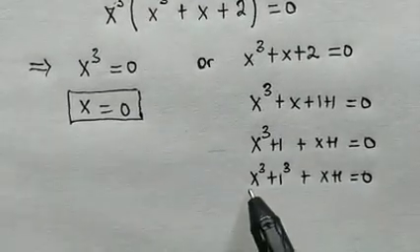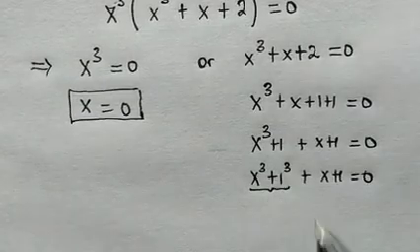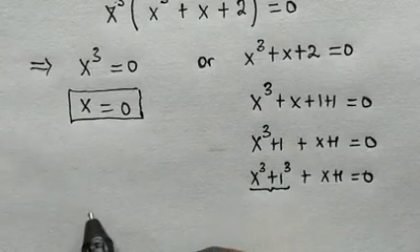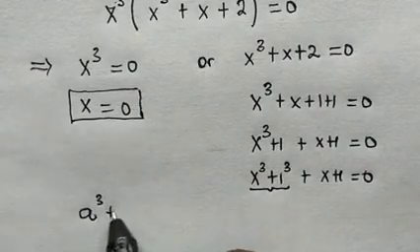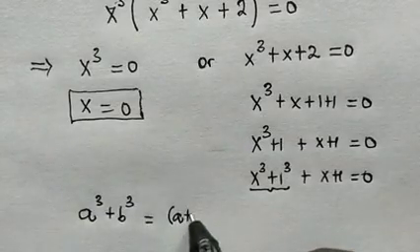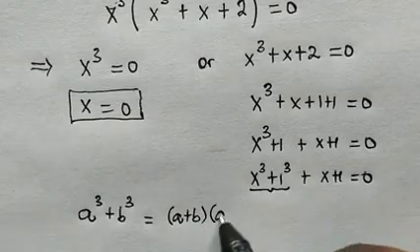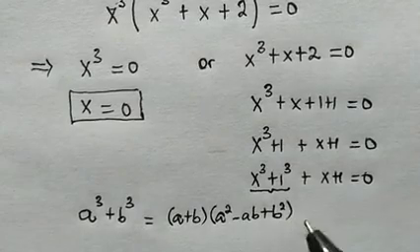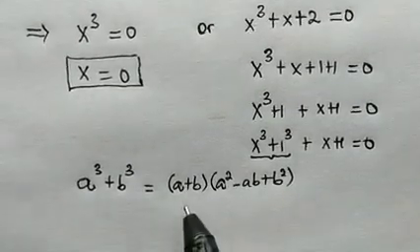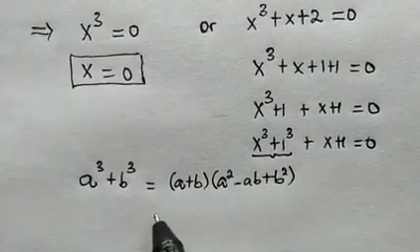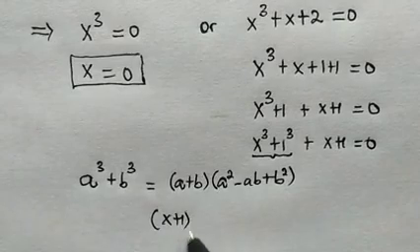Now, here we're going to make use of the sum of two cubes formula. Remember that a cubed plus b cubed is equal to a plus b multiplied by a squared minus ab plus b squared.